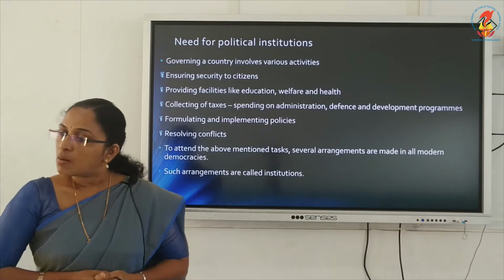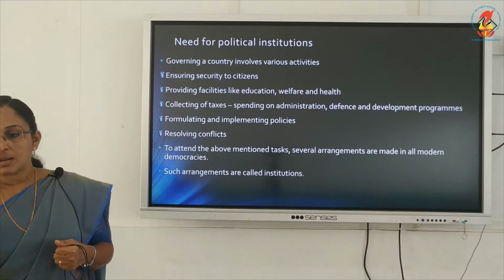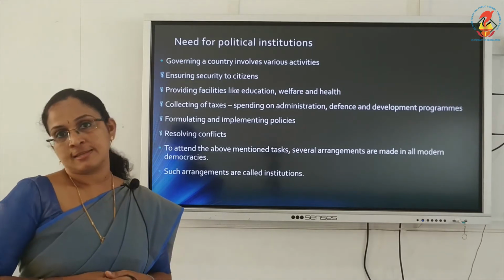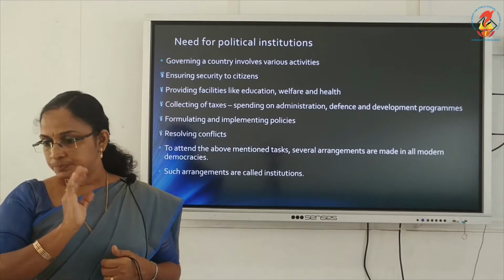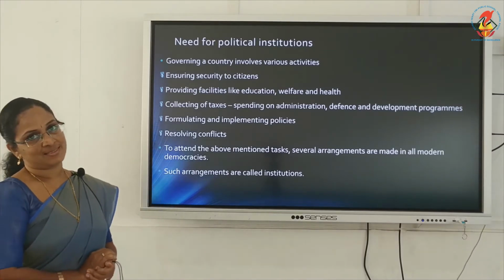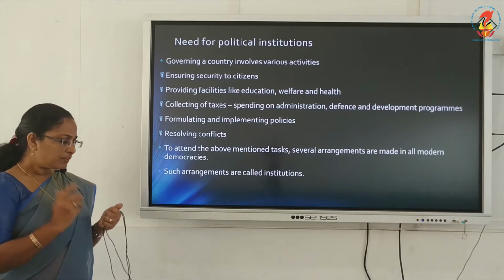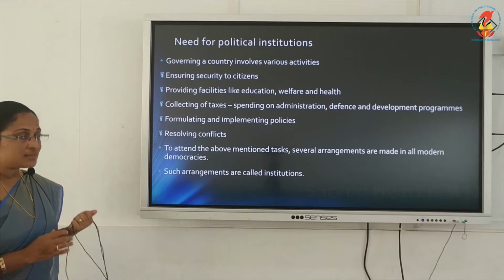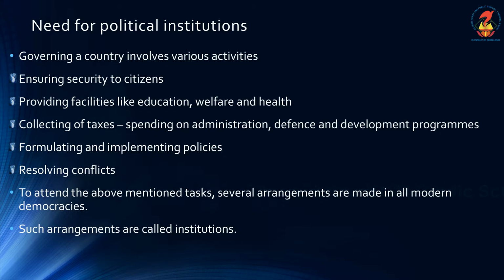So to attend all these tasks, several arrangements are made in all modern democracies, and all such arrangements are called institutions. So what is an institution? The government needs to perform various activities in a country.